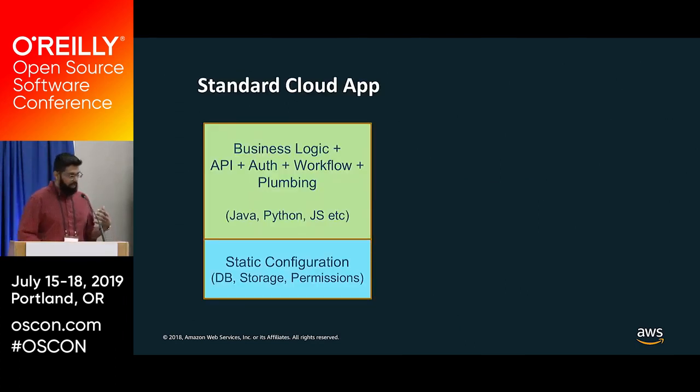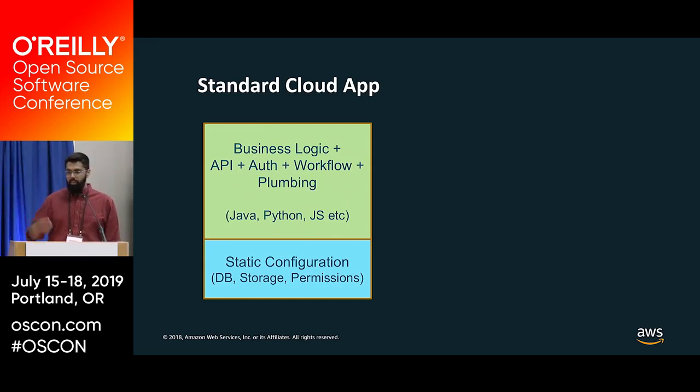If you think about the standard architecture of a standard cloud app, there's a lot of business logic that you write for your API configuration, authentication, workflows, plumbing, and everything, which is usually written in a traditional programming language, say Python, Java, or whatever.